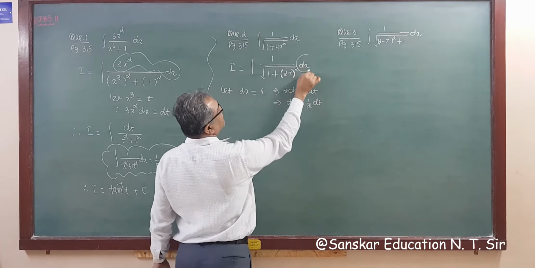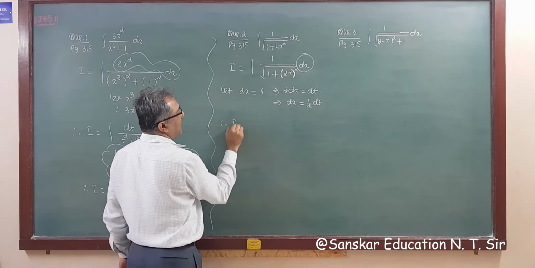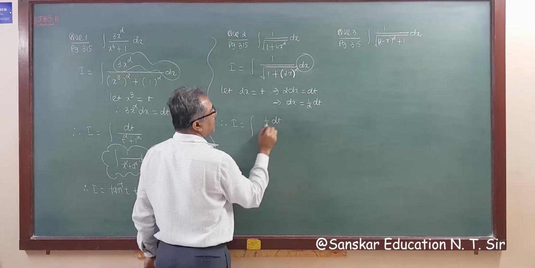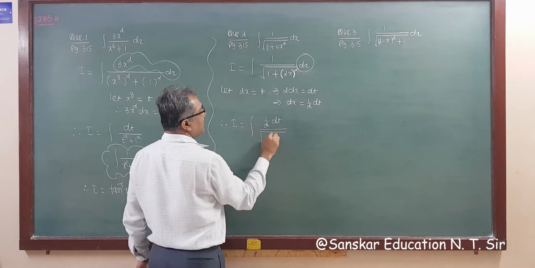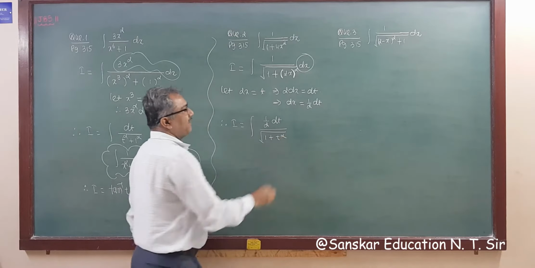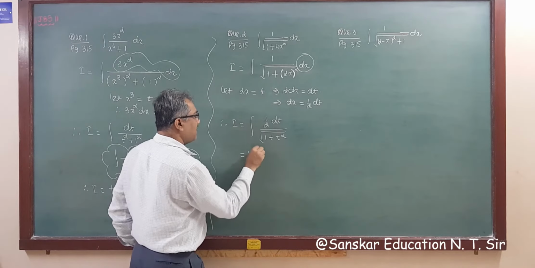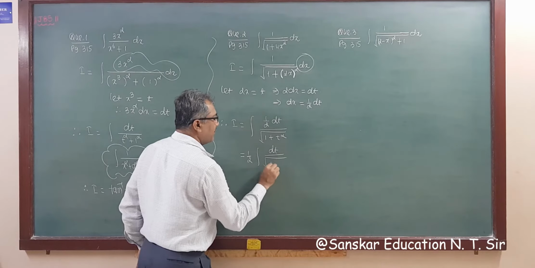So substituting this value, what we get? I is equal to integration half dt whole upon square root of 1 plus t square. Now half is constant, so writing outside of the integral sign, so half integration dt upon square root of 1 plus t square, right?